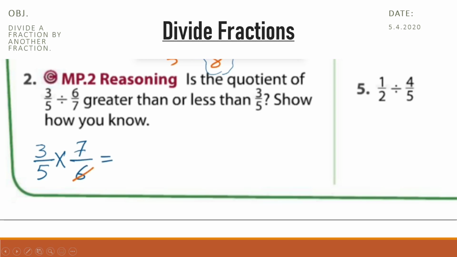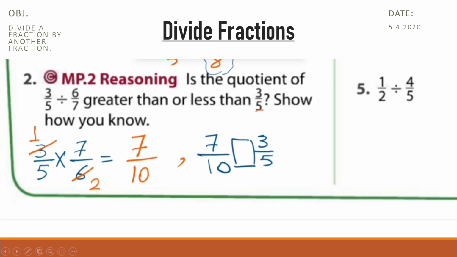I can see here that 6 and 3 are divisible by 3, so I can simplify this. Dividing by 3, 6 divided by 3 is 2, and 3 divided by 3 is 1. So 1 multiplied by 7 is 7, and 5 multiplied by 2 is 10. Now we need to compare 7/10 and 3/5 to see which one is greater.